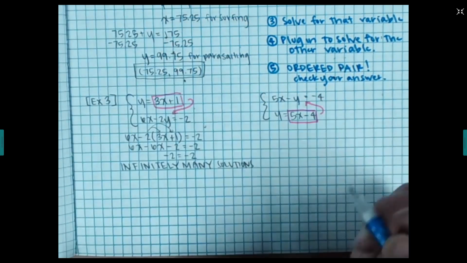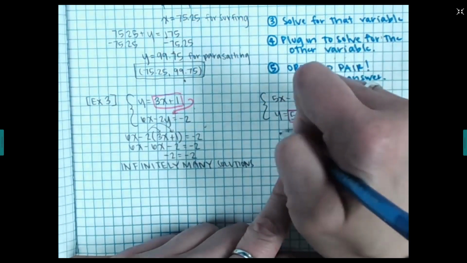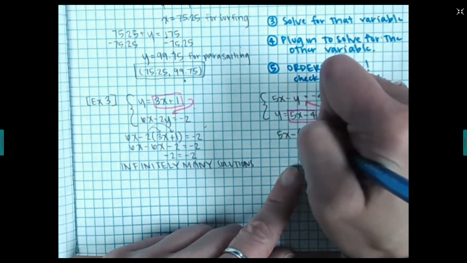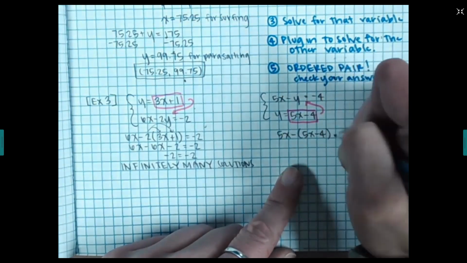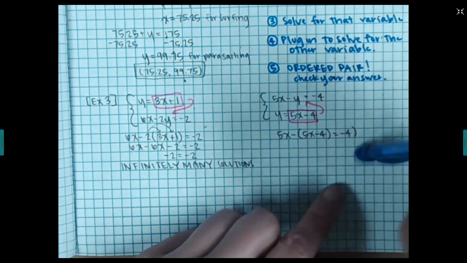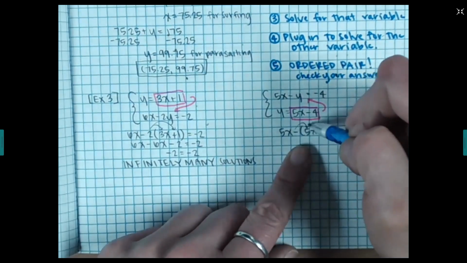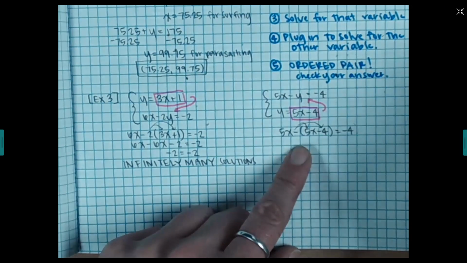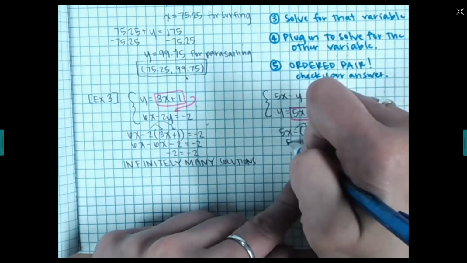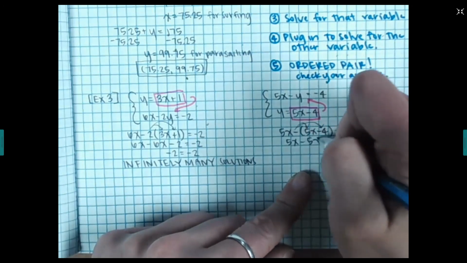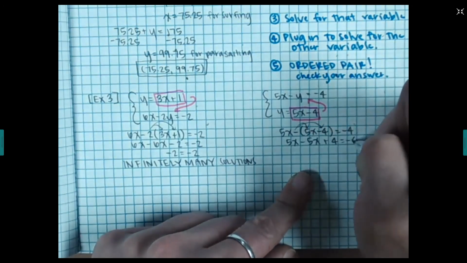Okay, then I'm going to plug it in here. 5x minus 5x minus 4 equals negative 4. Now, when you substitute, always remember to put that in parentheses because when there's a negative sign, you have to distribute the negative to both. So 5x minus 5x plus 4 equals negative 4.